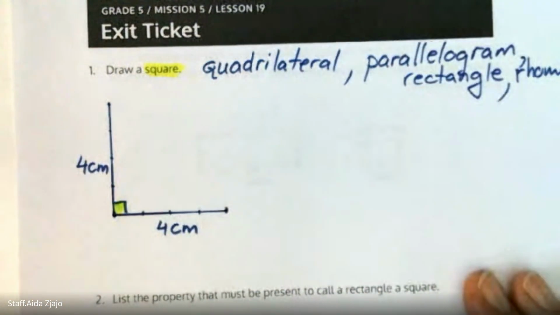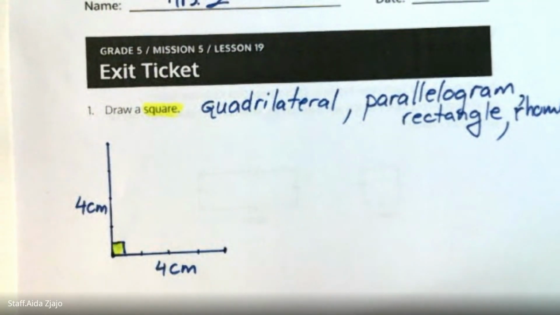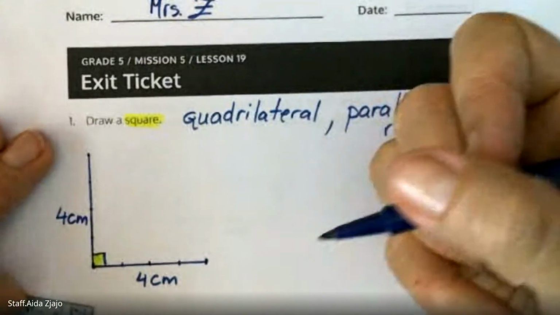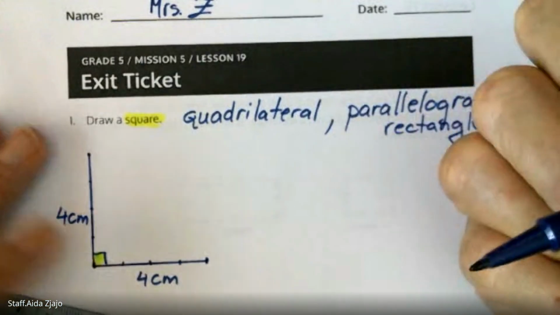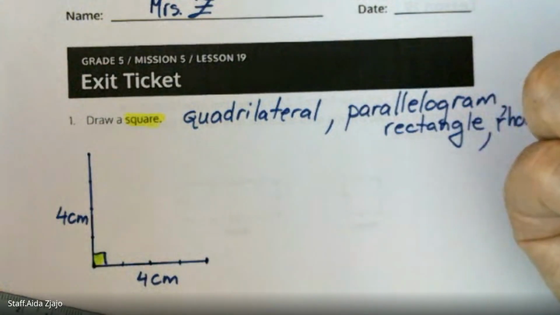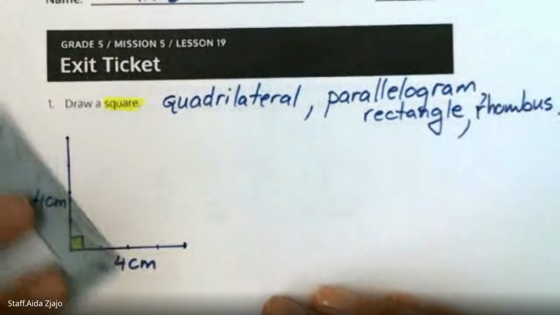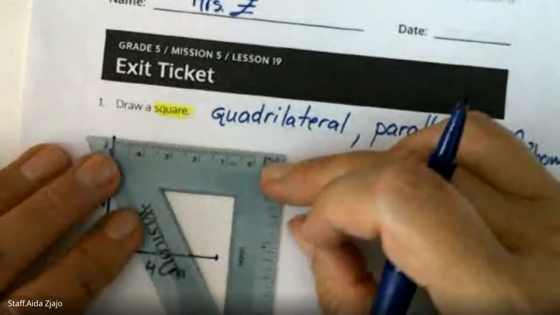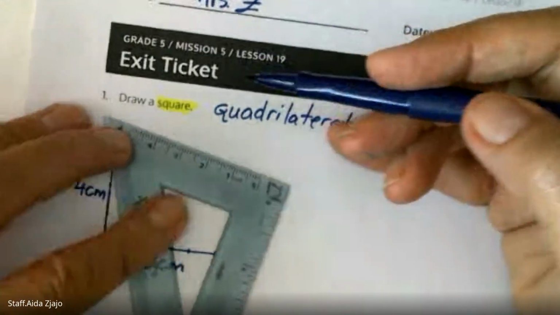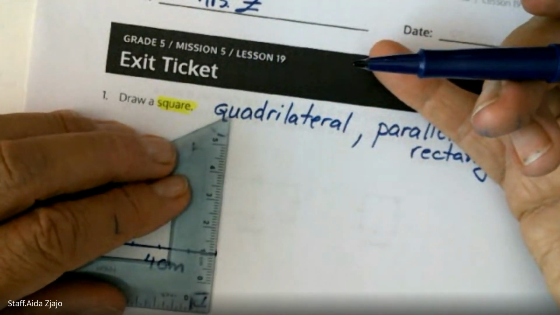So now if I need to make a square, the definition is that a square has to have congruent sides and at least one right angle, because as you can see, if I want to make 4 centimeters, I just have to create another right angle.